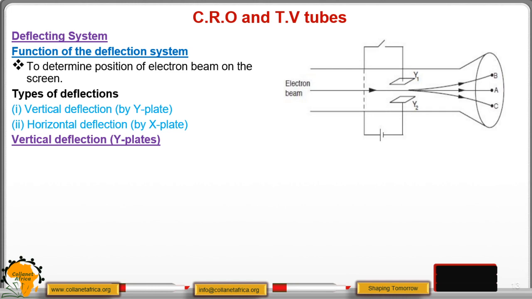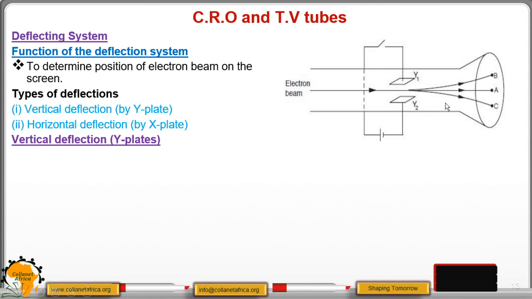Now, as you can see in this diagram, they make the beam move up and down. We have Y1 and Y2. Y1 is connected to the positive terminal and Y2 is connected to the negative terminal.